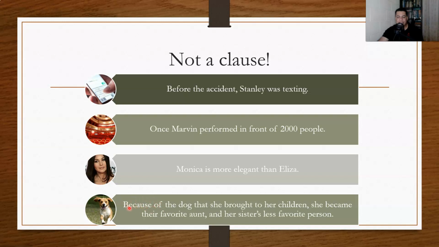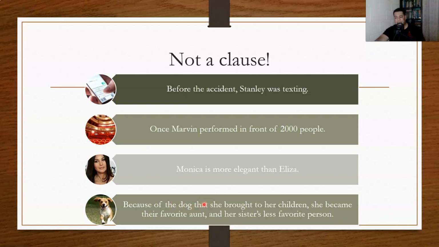After this phrase, because of, we are going to use a noun phrase. The noun phrase is the dog. See, all the time. We never use a clause after this phrase. So I cannot use a verb after dog.